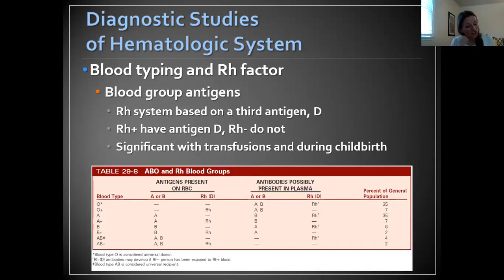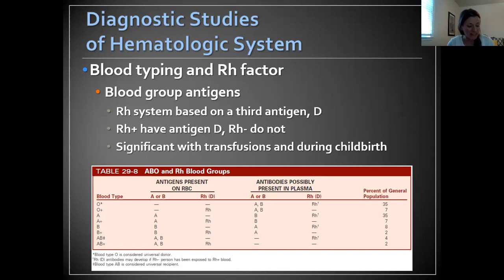Blood typing and Rh factor, the absence or presence of one or both of the two inherited blood group antigens, is the basis for the four blood groups: A, B, AB, and O. Blood group antigens A and B are found only on red blood cell membranes.